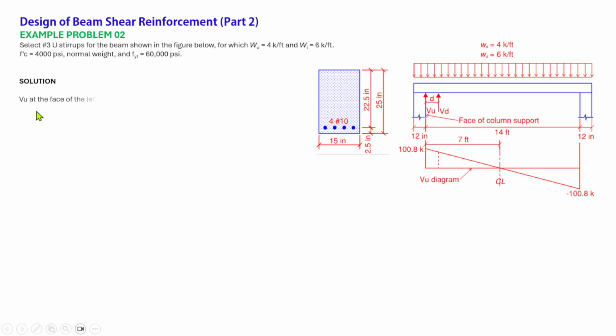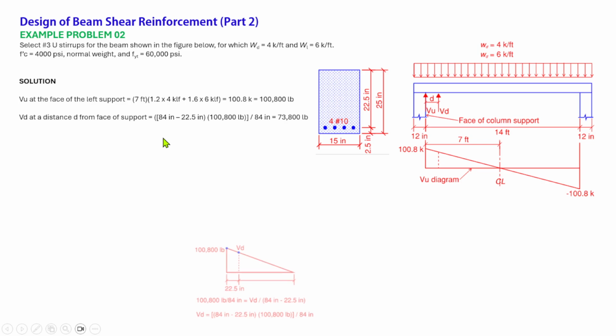First of all, we need to determine the Vu, which is 7 feet times (1.2 times 4 kips per foot plus 1.6 times 6 kips per foot), which is equal to 100.8 kips or 100,800 pounds. The next one is to determine the Vd, the shear force from the face of the support at a distance d.